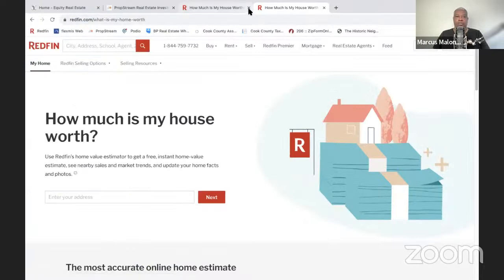What's My Home Worth? And there's a few things that you want to do when you're truly comping a property. You want to make sure that you're comparing apples to apples and not apples to oranges. So you want to have like property, like area.